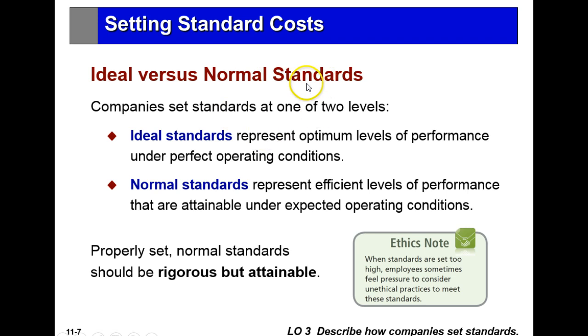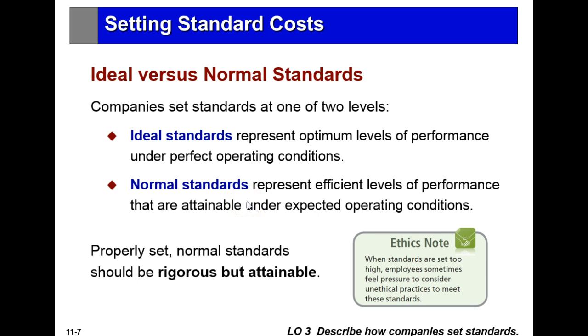But normal standards are really what we're looking at. Those are efficiency levels that are more attainable under good operating conditions. Properly set, normal standards should be tough, but they should not be unattainable.